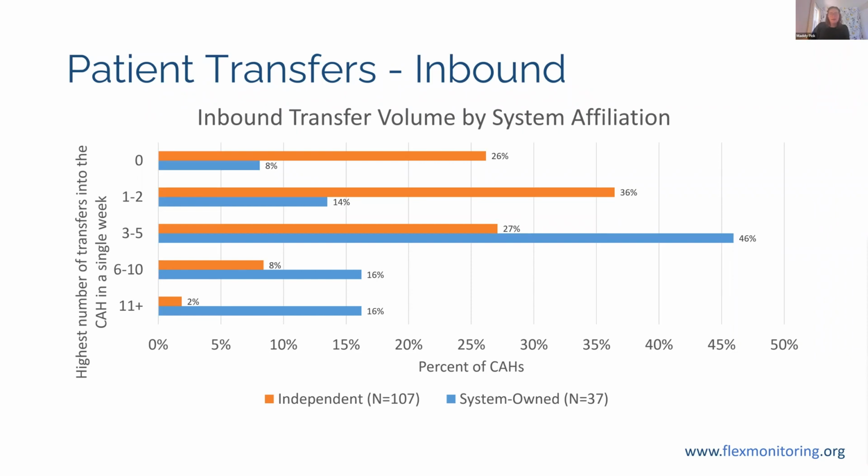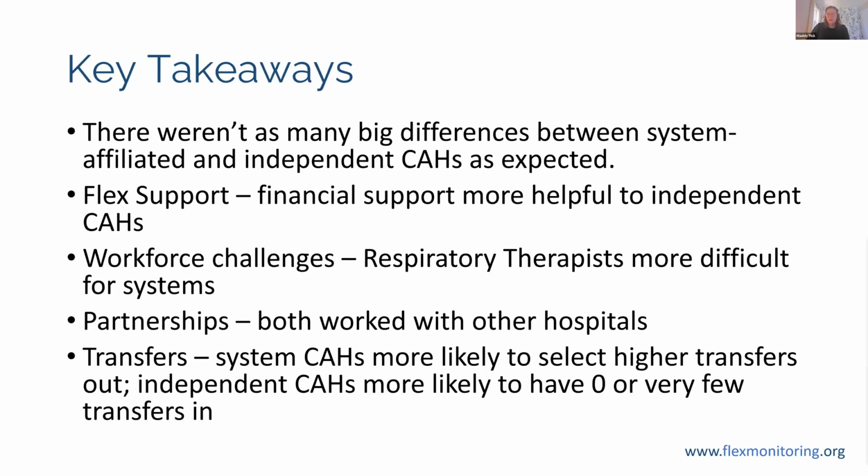But seeing as that is our last section of results, I'll move on to sum up what we've talked about and the key takeaways, and then we can see what questions you have and get some more thoughts from you all. So again, we're still very much in the beginning phase of analyzing these data. We do still have qualitative data that we are analyzing that we think will really provide additional context to what we've talked about today.